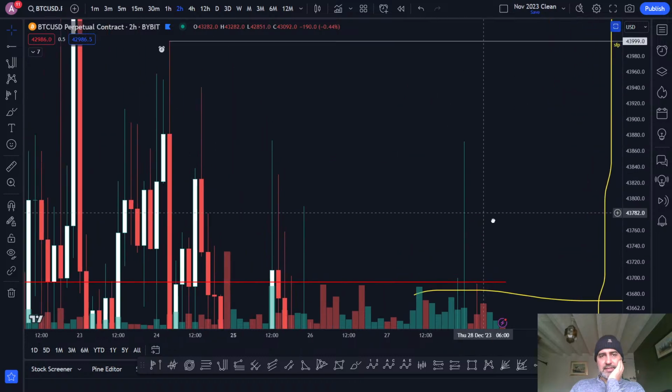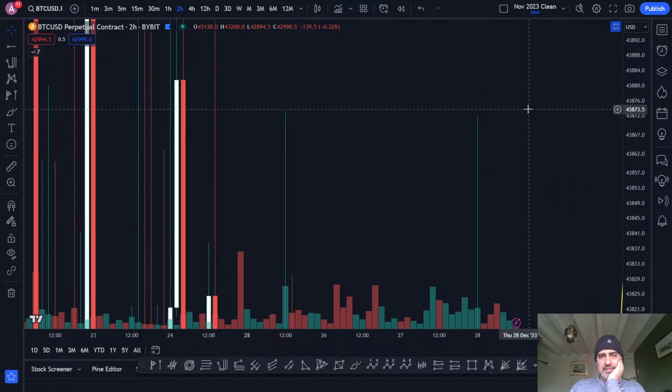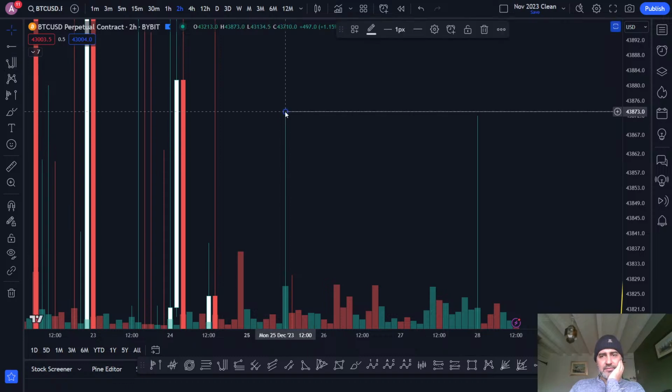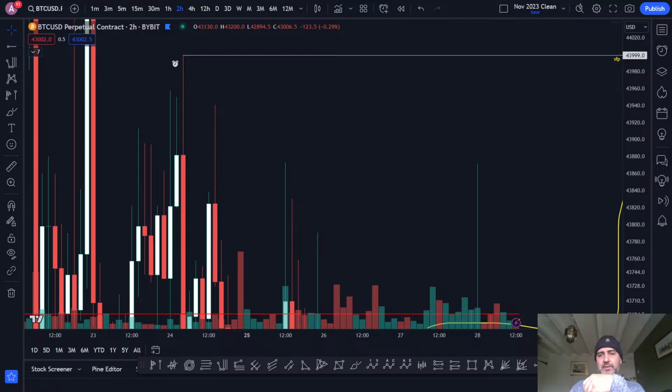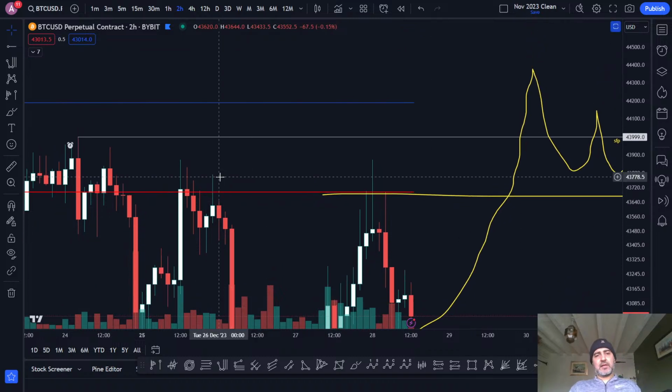Did it get past that level? No. See that? So it didn't even manage to get the liquidity above this level. That means anyone who had their stops above this level is still in the trade. They were not stopped out. And the stop is a market buy. So anyone who had their stops above this pivot here was stopped out.